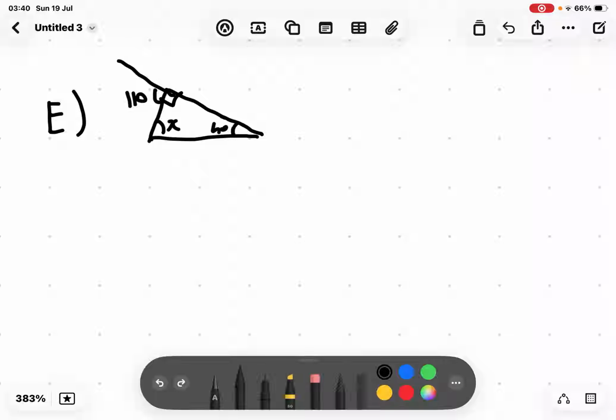It's not 90-degree because if it was, then this would not add up to 180. We're able to find it: it would be 70 because that's what creates 180. After that, we add these up, and that will be 110, take away, so this one is also 70. So that's how this one works.